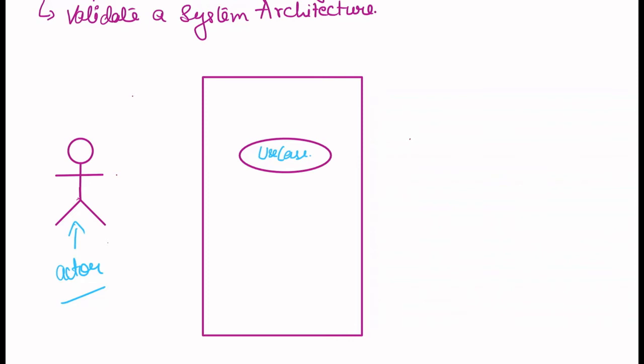The actor is linked with a use case. It is mandatory that an actor needs to be linked to a use case. It is not necessary that the actor is linked with each use case, but it is necessary that the actor is related to at least one use case in the system, right?